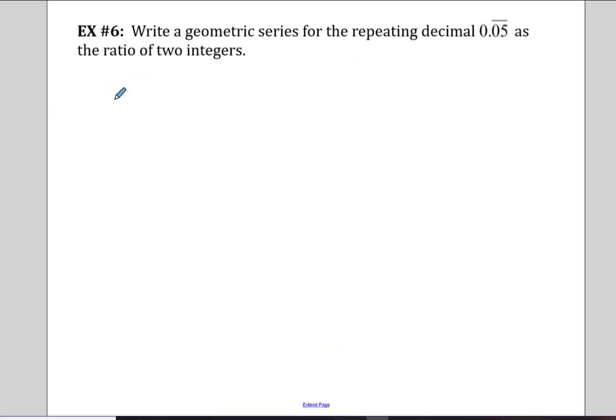Example 6, we want to write a geometric series for the repeating decimal 5/100ths. If you expand it out a little bit, you can see a pattern develop. The first term would be 5 over 10 squared to get 5/100ths.